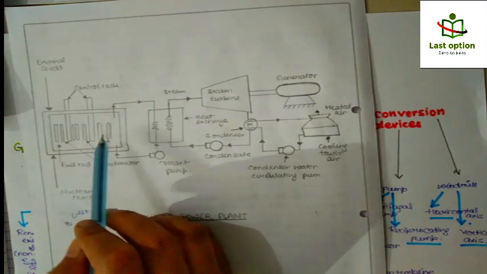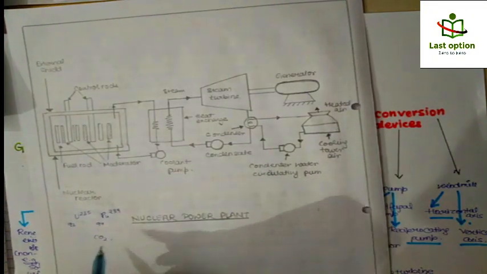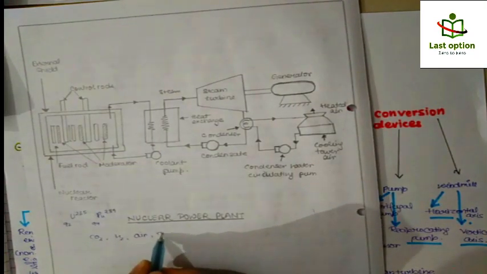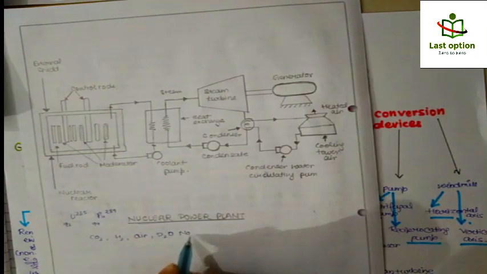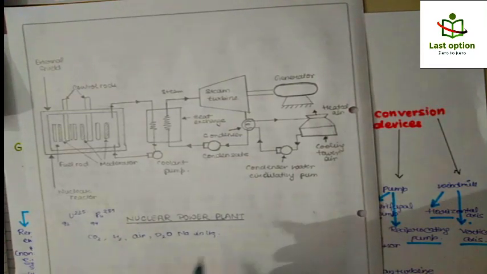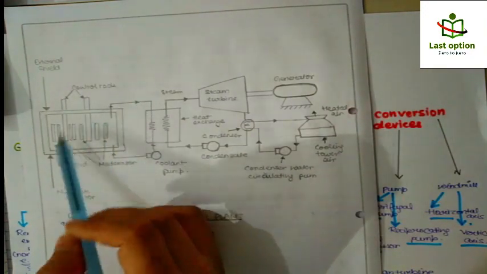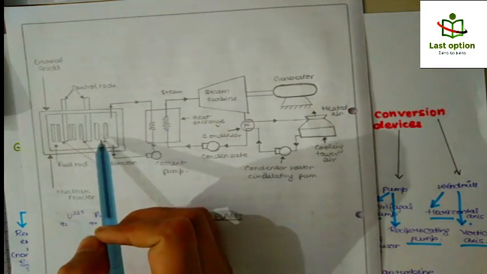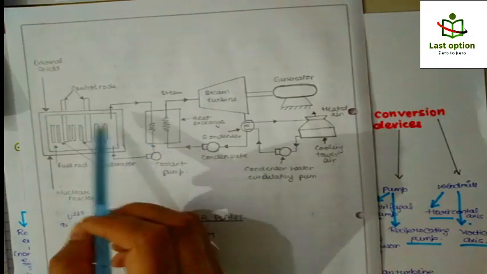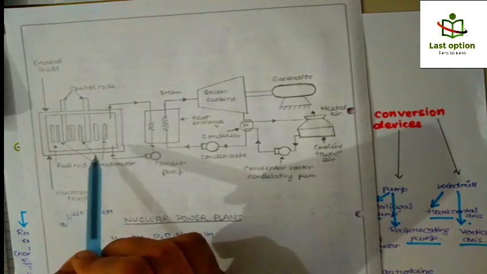The coolant here can be CO2, H2, air, D2O, or liquid sodium. And the shielding also protects humans from alpha, beta, and gamma rays, and it is a steel shielding 50 to 60 centimeters thick.